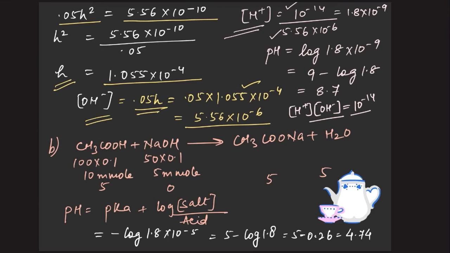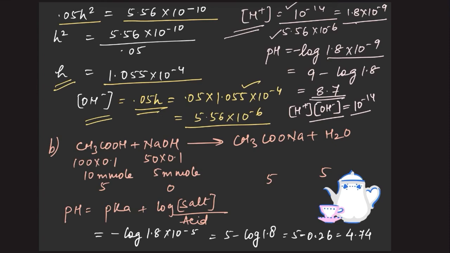From this, H plus ion concentration is 1.8 into 10 to the power minus 9. Now pH is equal to minus log concentration of H plus ion. Solving, the pH value is 8.7.